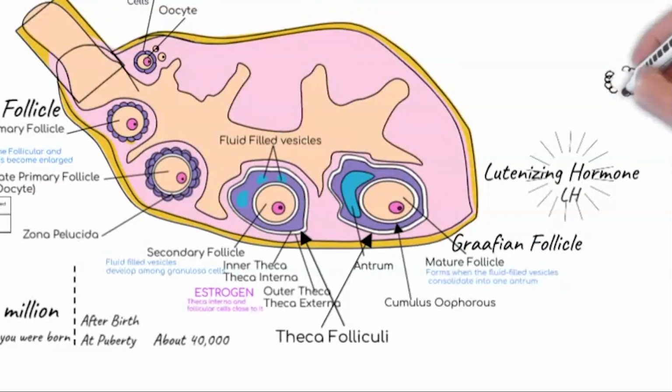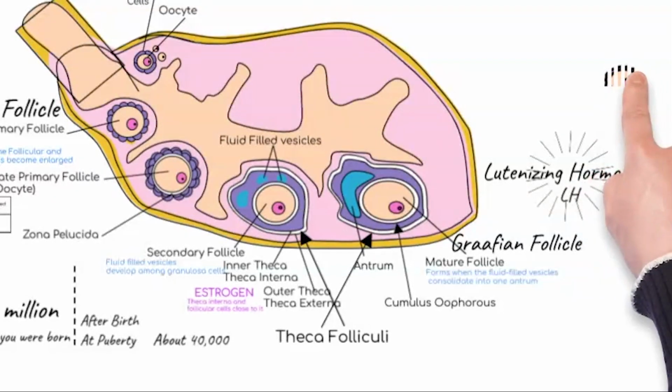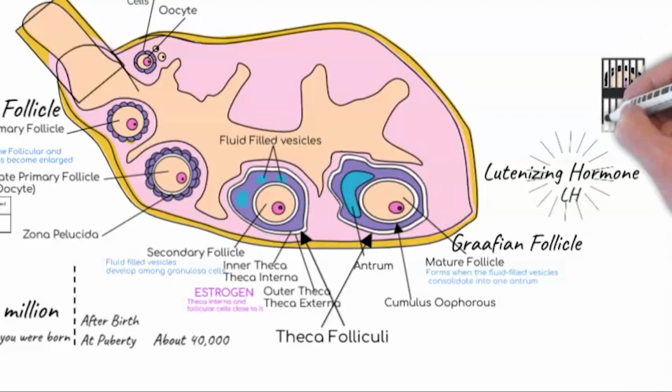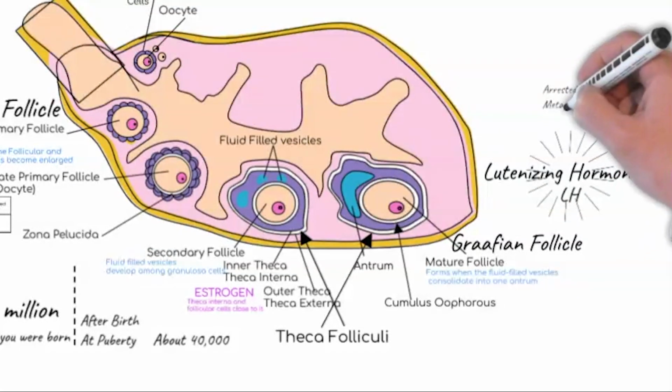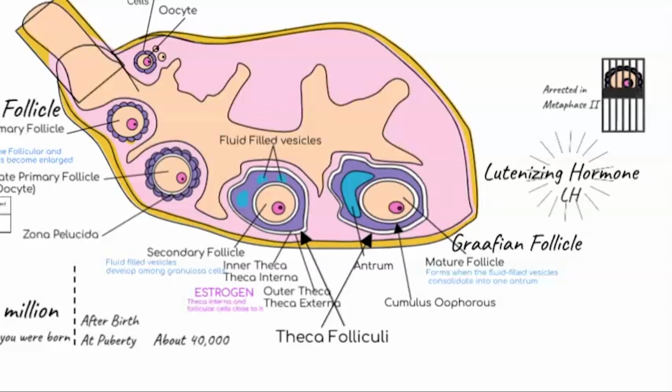Okay? Concentration of luteinizing hormone in your blood circulation goes up. But just 3 hours before ovulation, second meiotic division arrests at metaphase 2.